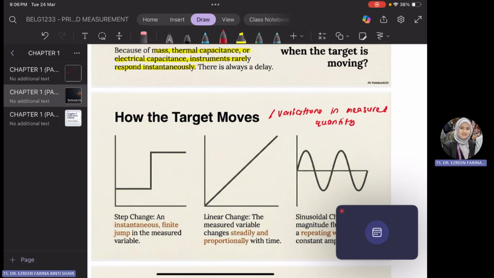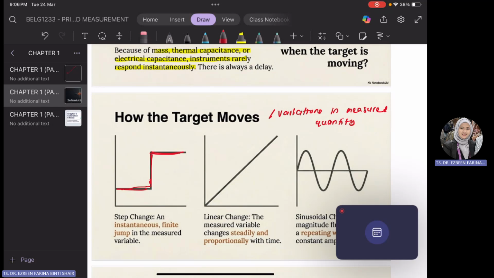The first variation is that the change can happen as a step change. A step change actually looks like this. This is the step. It looks like a step, so we call it a step change.